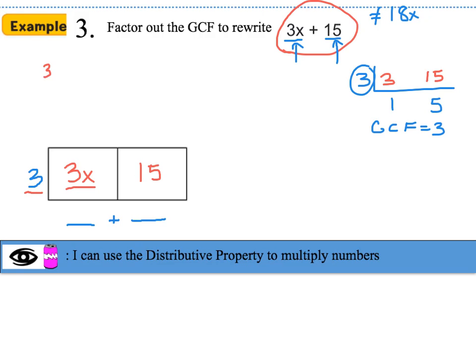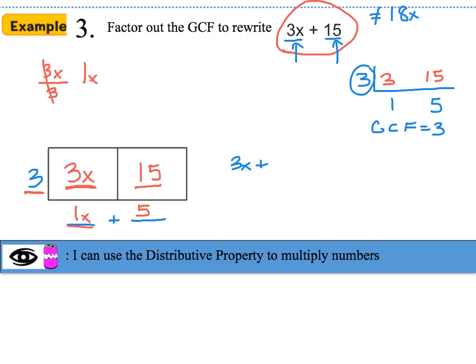So 3x divided by 3. 3 divided by 3 becomes a 1, and we have an x left over. So that becomes 1x. Think of it this way: 1x times 3 is equal to 3x. So that works. Let's figure out the second length, which is 15 divided by 3, which is 5.